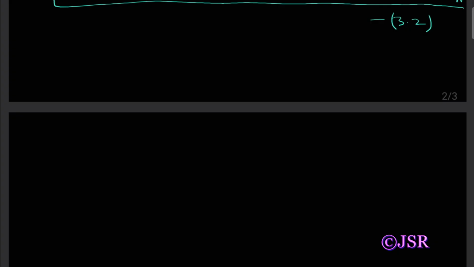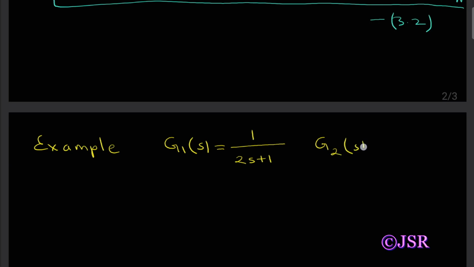So now let's work on an example. So let's say we have G1 of S equal to 1 upon 2 S plus 1, and G2 of S equal to 6 upon 5 S plus 1.